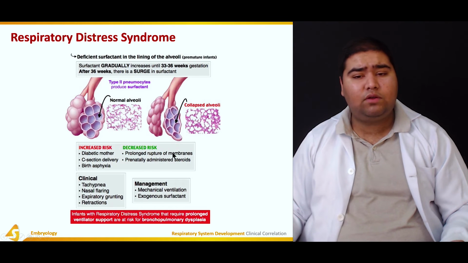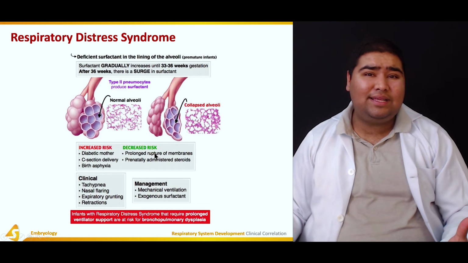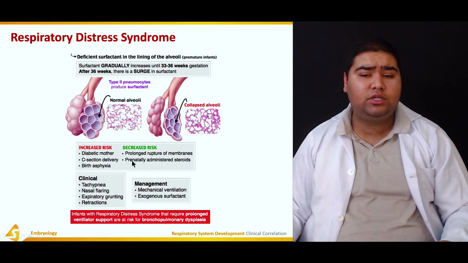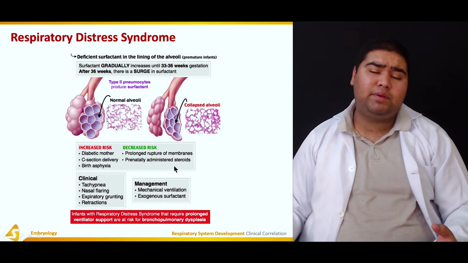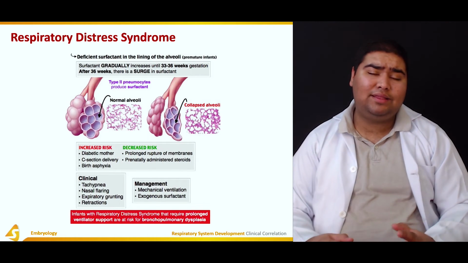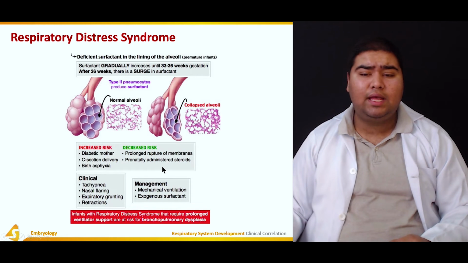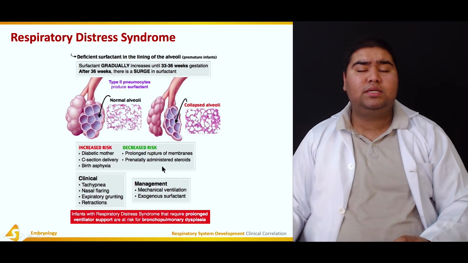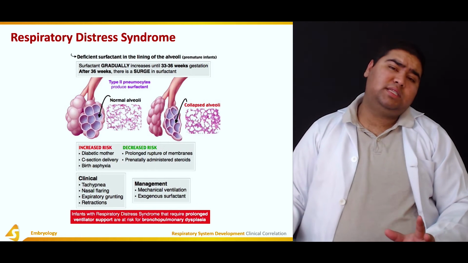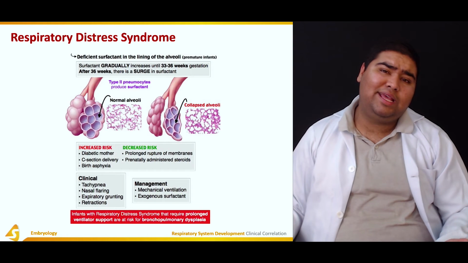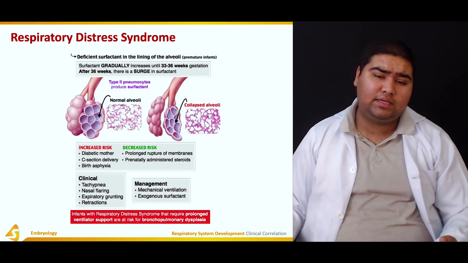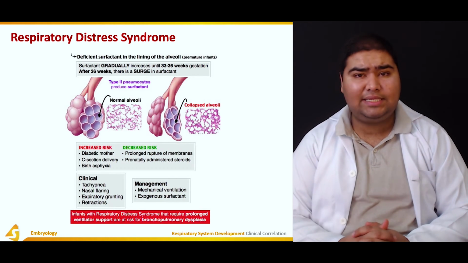What decreases the risk of this respiratory distress syndrome is the prolonged rupture of membranes. That is, the membranes have been ruptured for some time and the delivery took some time to take place, and the prenatally administered steroids. So if you give a steroid injection before delivery, that can help in the production of surfactant. So how would the child present clinically?